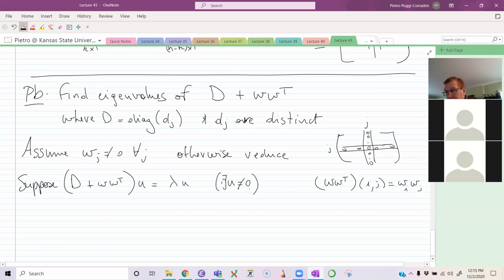All right, let me rewrite this. I'm going to write it as (D minus lambda I) u, moving the lambda u to the other side.